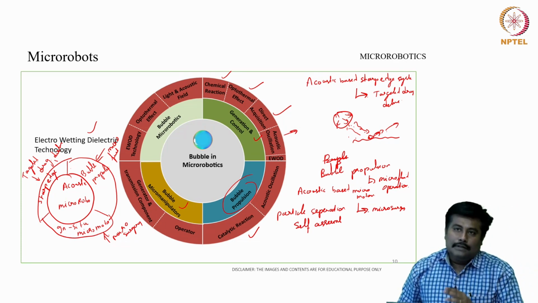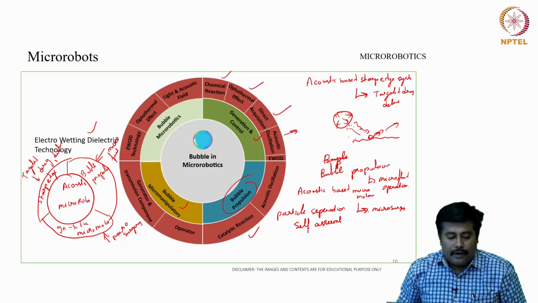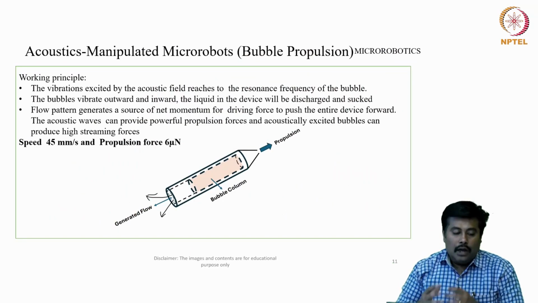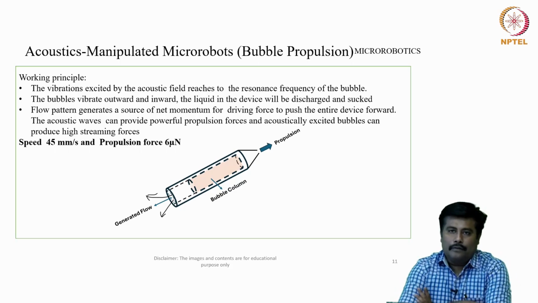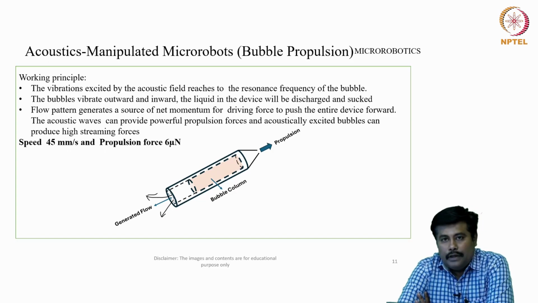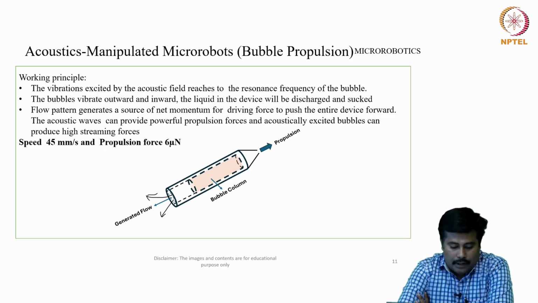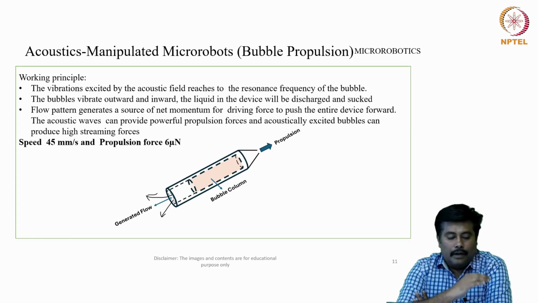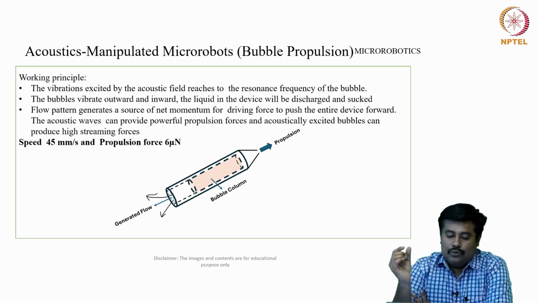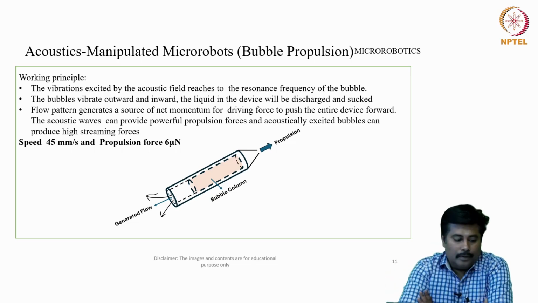Now, let us see some of the different configurations of these micro robots from an acoustically manipulated point of view, especially focusing on bubble propulsion. When we closely observe the working principle of the system, the vibration is excited by the acoustic field, which reaches the resonant frequency of the bubble.